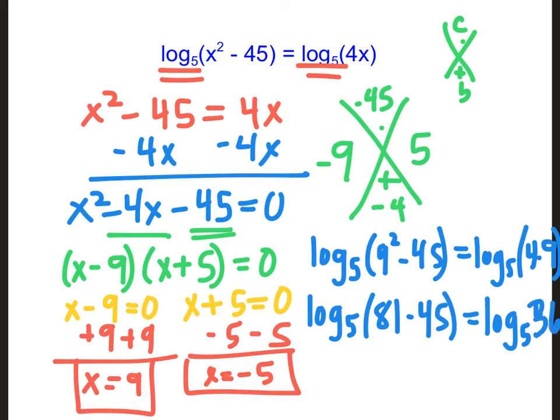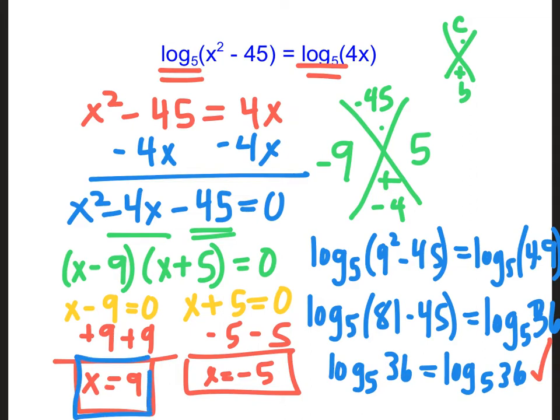All right, so then if I do 81 minus 45, I get 36. At this point, we have log base 5 of 36 equals log base 5 of 36. Those two are equal. So that means x equals 9 is in fact an answer.